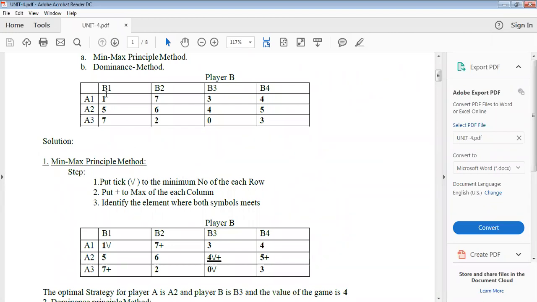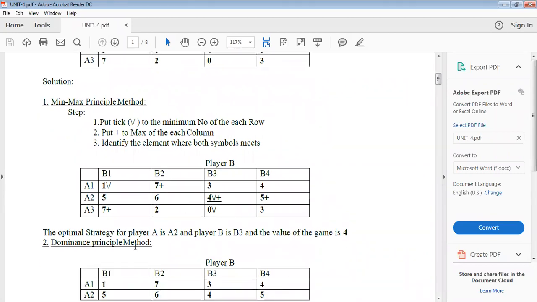Minimum number means small v, and among the columns, 7 is the largest, hence it is marked with plus. Next, identify the element where both symbols meet.